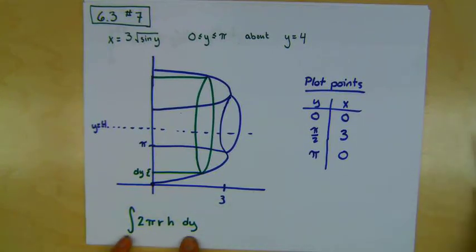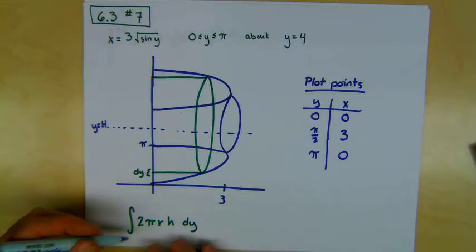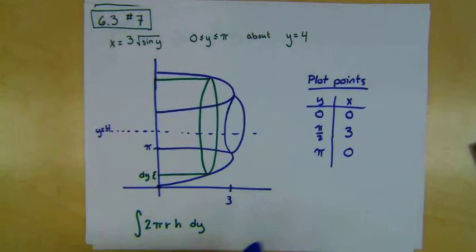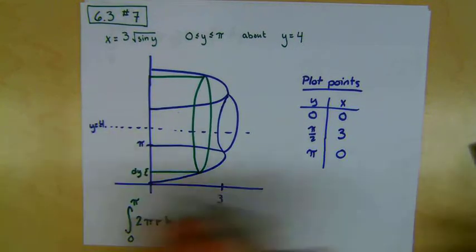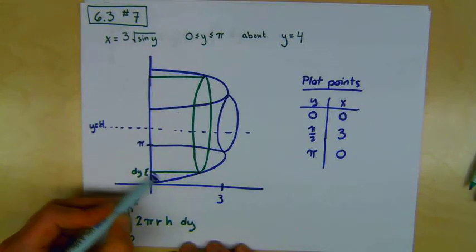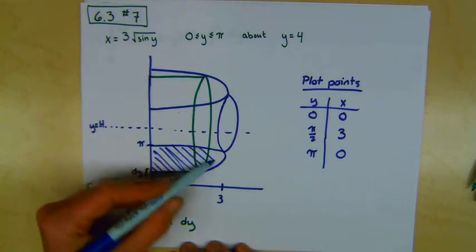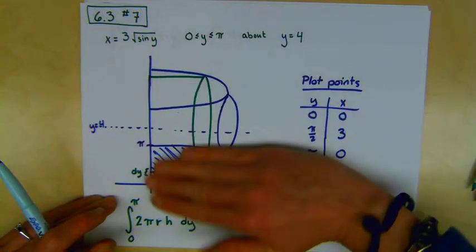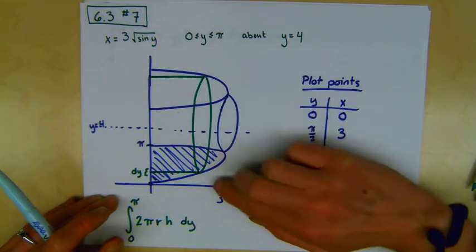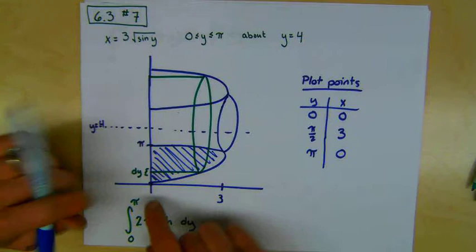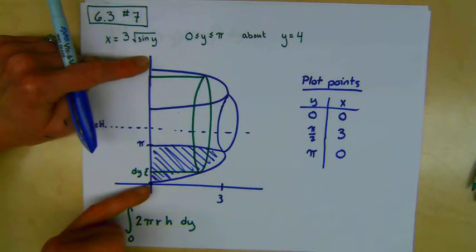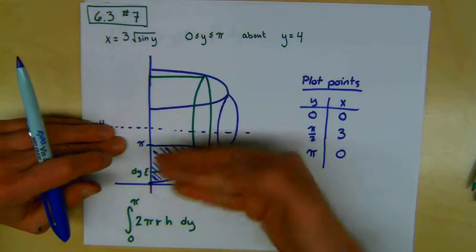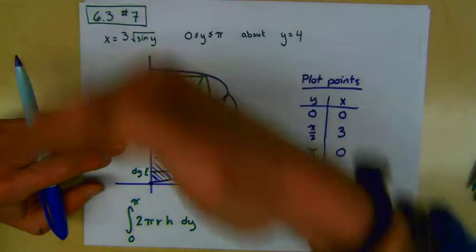One of the things that I can know right away is what the bounds are, because they're given in the problem. The bounds are going to go from down here at 0 up until pi. And because this is the face of the region that's being rotated around this axis, one of the problems that people sometimes have is that they want their bounds to extend all the way through the entire figure, but that would actually be too much, because this one face makes a complete revolution in a circle.